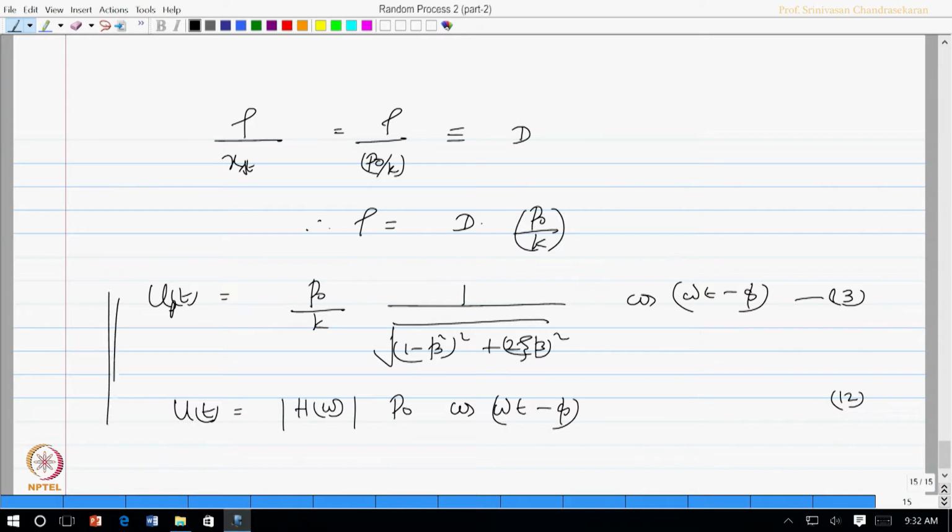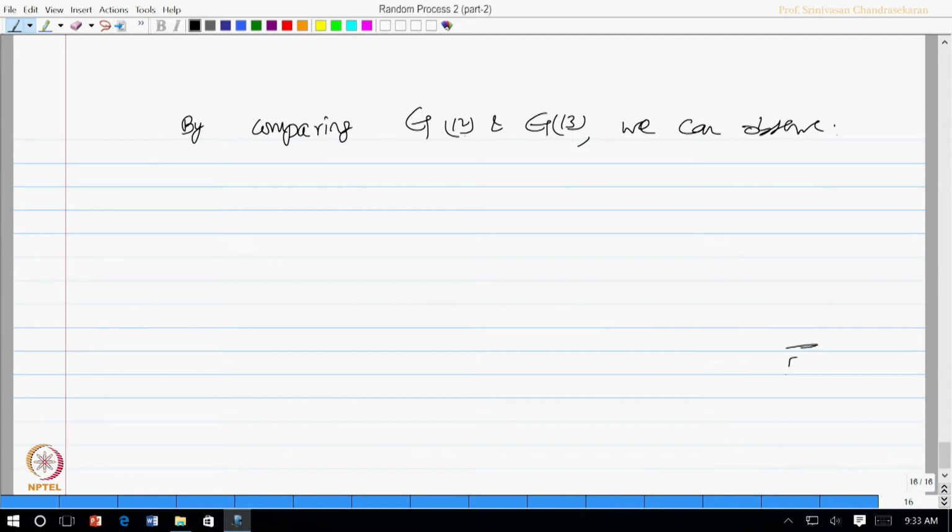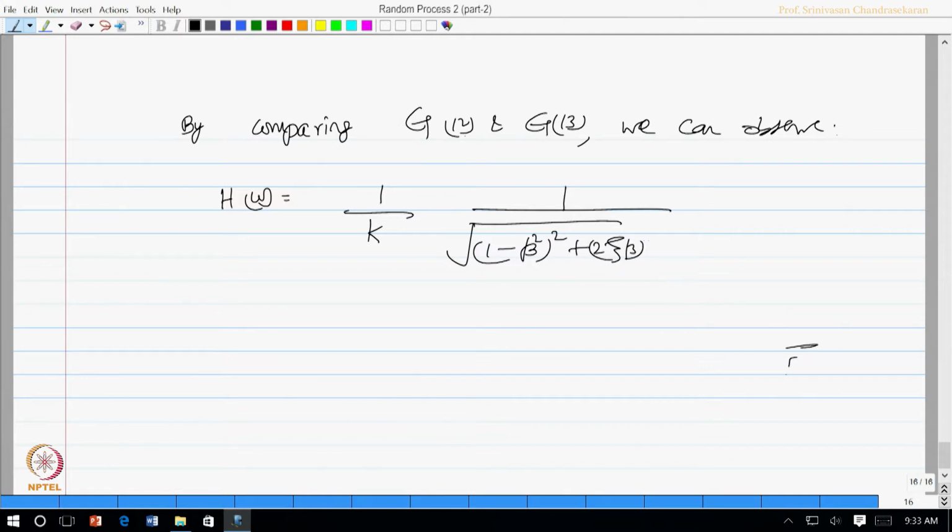By comparing these two equations, we can observe that H omega can be simply 1 by k times 1 by root of (1 minus beta square) plus (2 zeta beta) square.